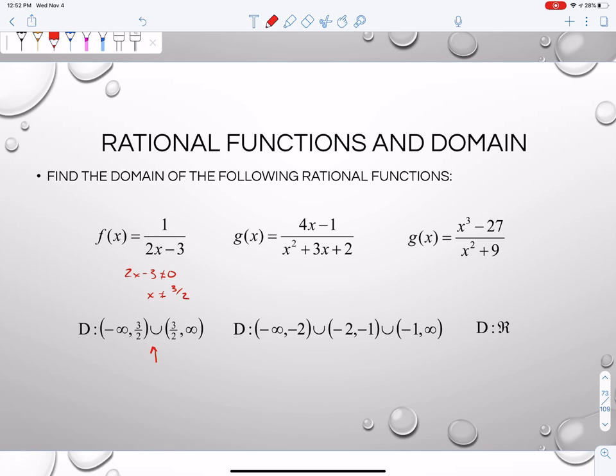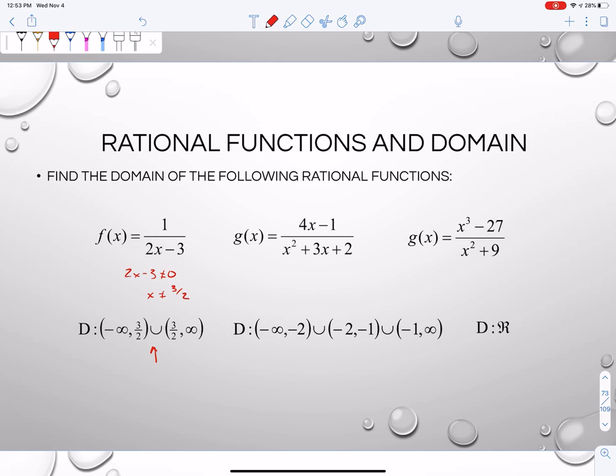So I have the union of two sets. It's going to be negative infinity through 3 halves, non-inclusive, so everything up to but not including 3 halves, and then 3 halves non-inclusive through infinity. So literally the only value that's excluded is 3 halves itself.